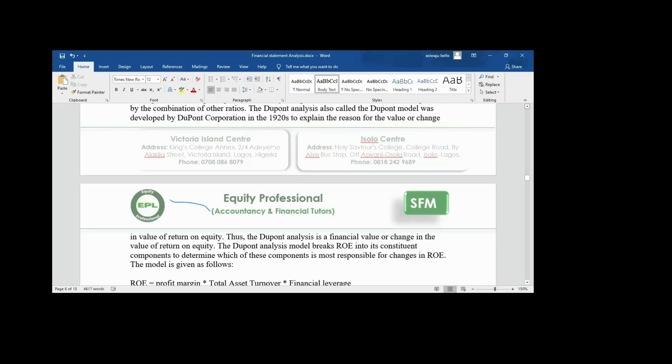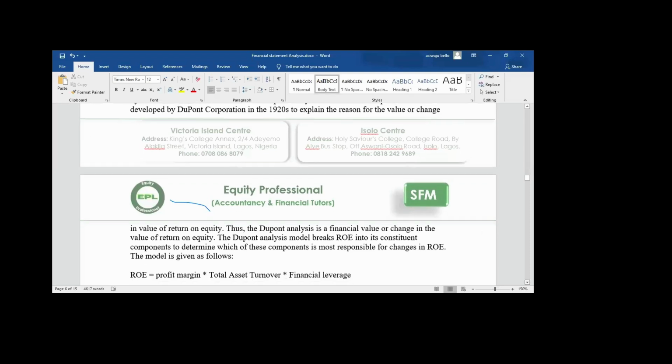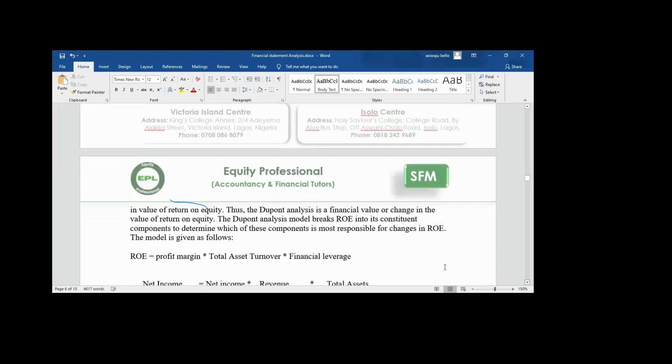DuPont analysis is a financial model that is used to explain the value or change in value of return on equity. With DuPont analysis, return on equity is calculated as profit margin multiplied by total asset turnover multiplied by financial gearing, financial leverage.